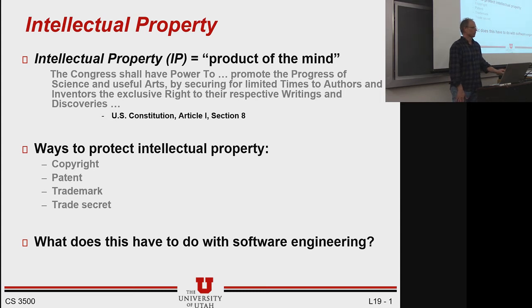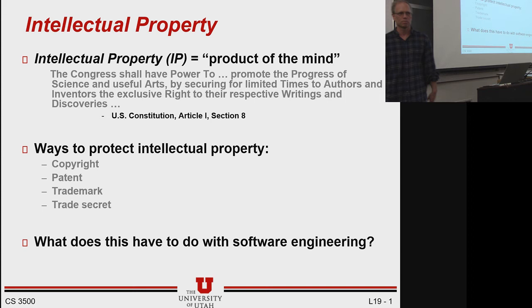You hold the copyright for it. Copyright isn't something you have to apply for. Just when you commit something to a tangible medium, you hold the copyright. And so that means if you borrow code from someone else, they have the copyright, and you need their permission to borrow it.